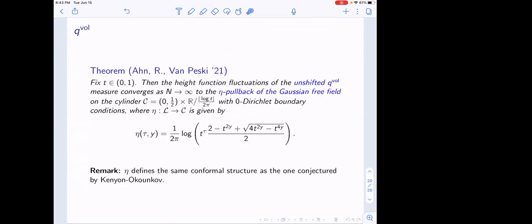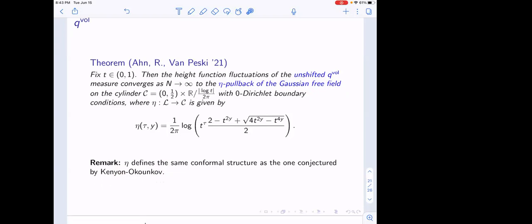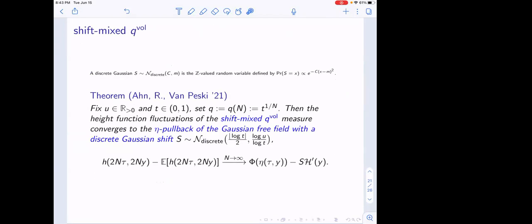So in the unshifted Q to the volume measure case, we showed that the fluctuations converge to the Gaussian free field in a Kenyon-Okounkov conformal structure. And in the shift mix Q to the volume case, recall that we take a shift distributed as a discrete Gaussian variable.